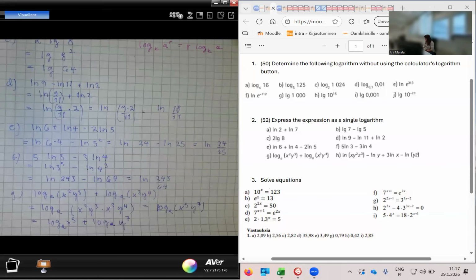And then I could still do something to it. And then that's all I can do. 5 log R. Or was I supposed to express it as a single logarithm? This is something that I'm not supposed to do anymore. I just did it.